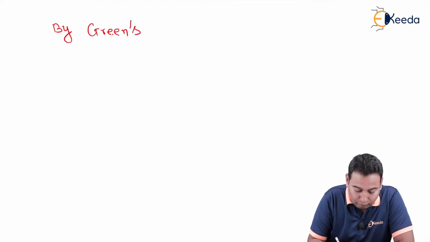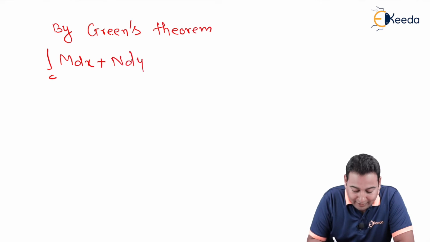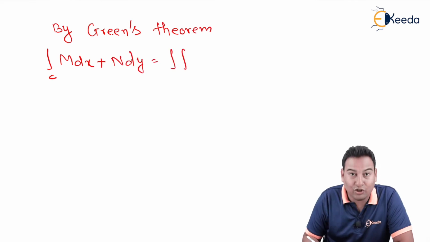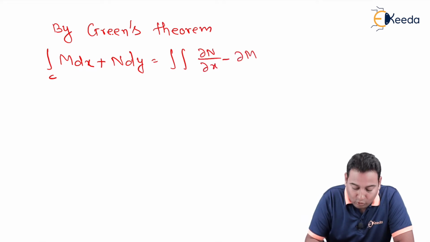What is Green's theorem? Integration over C of M dx plus N dy is equal to the double integral of dou N upon dou x minus dou M upon dou y, dx dy. This is the formula.